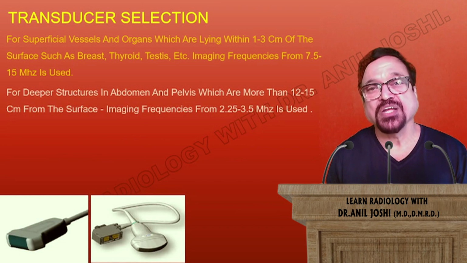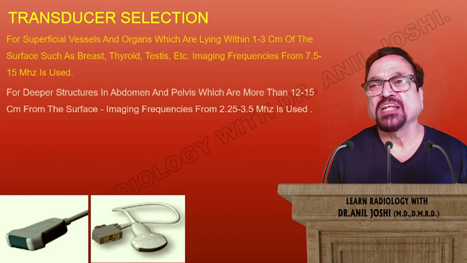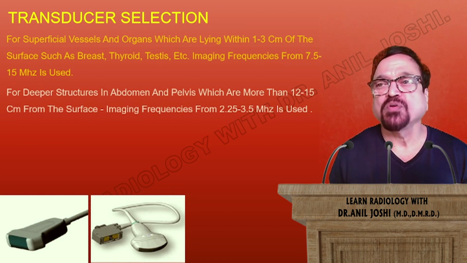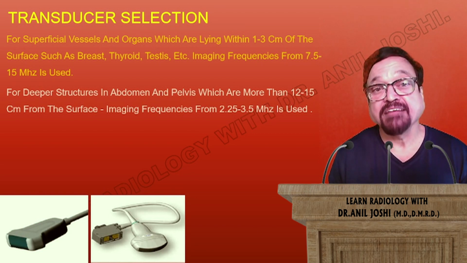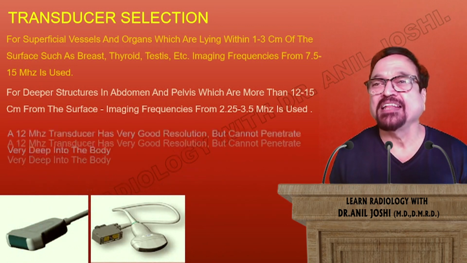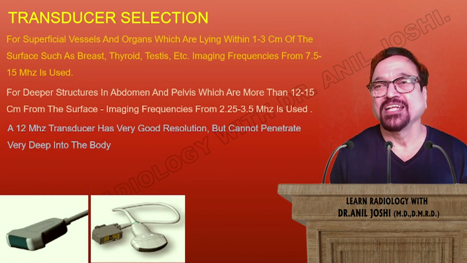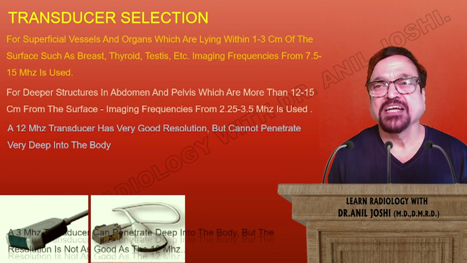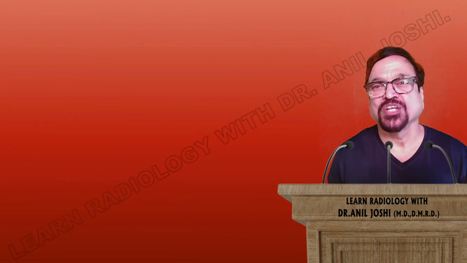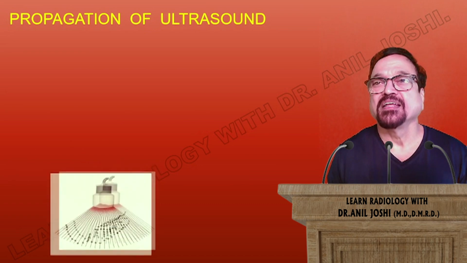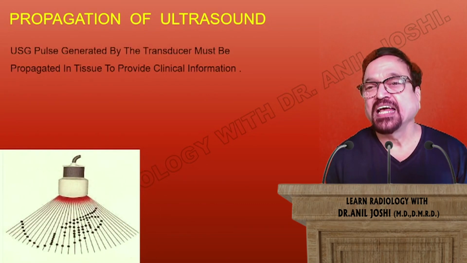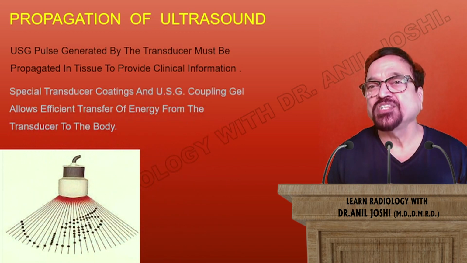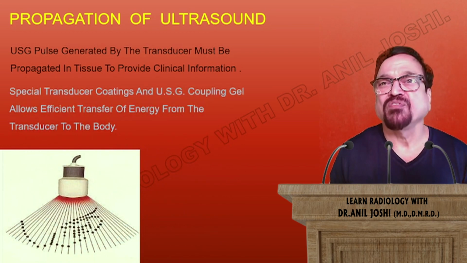For deeper structures like the abdomen and pelvis, we use a transducer at a frequency of 2.25 to 3.5 MHz, when the depth is more than 15 centimeters. These have good penetration, good surface coverage, but not as good resolution. Here you are seeing how the ultrasound waves propagate in a fan shape, but that depends on your selection of transducer.